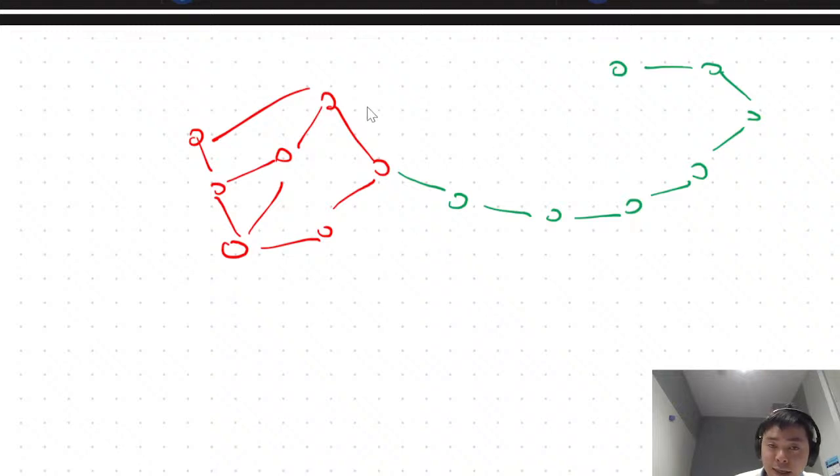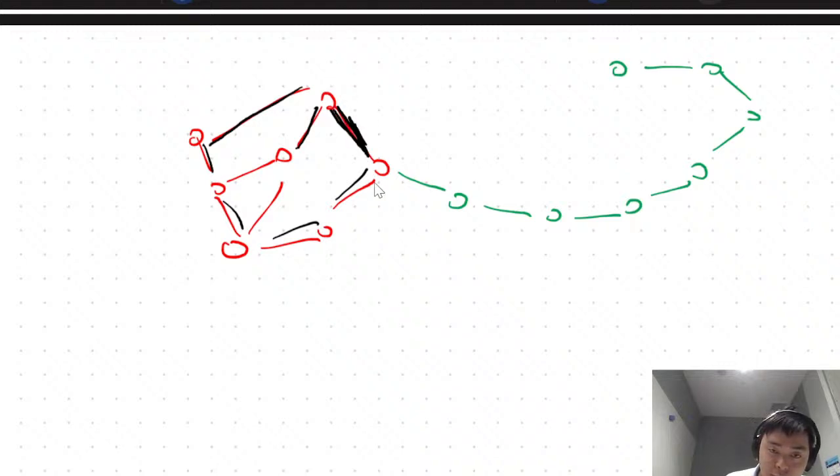And you can see here, if I have a Hamiltonian cycle, let's say I have something like this. Does this have a Hamiltonian cycle? Yes, it does.